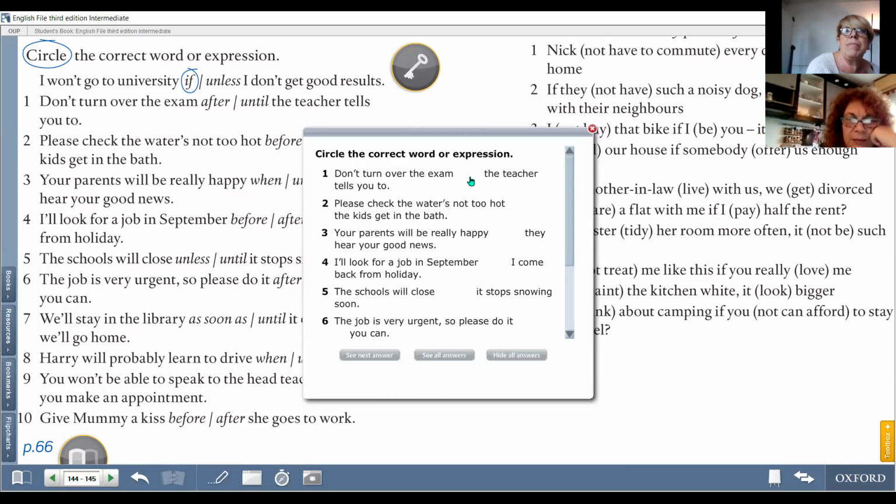So, cosa vuol dire? Don't turn over the exam. Turn over in a physical sense. So I got a page here. Don't turn over. Fino a quando, sì, ok. Yes. Until the teacher tells. Very good. Okay.